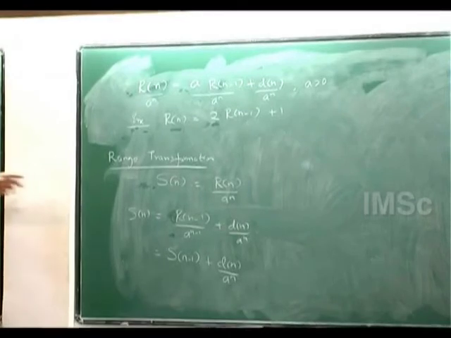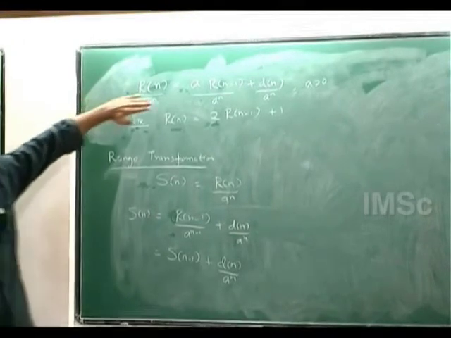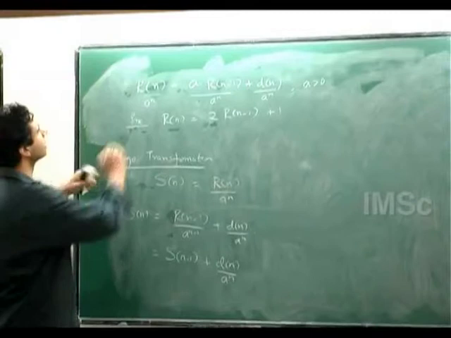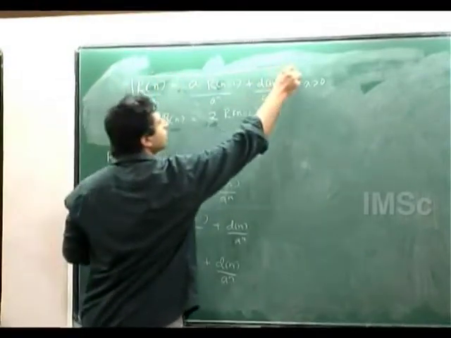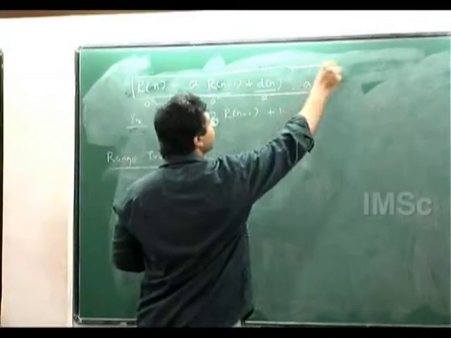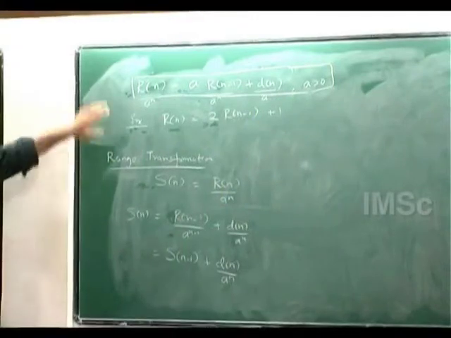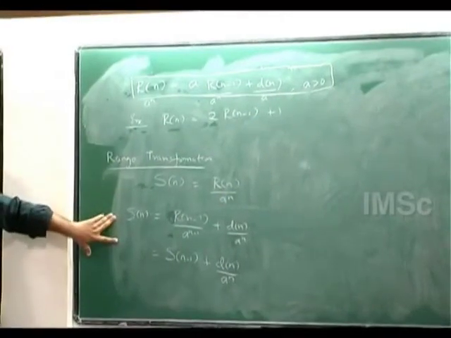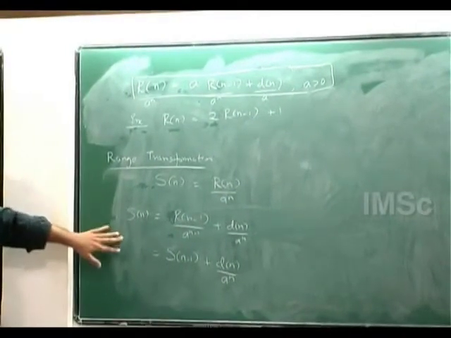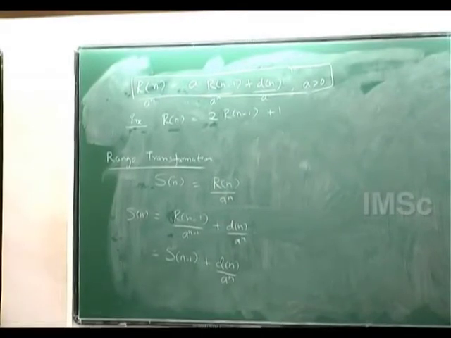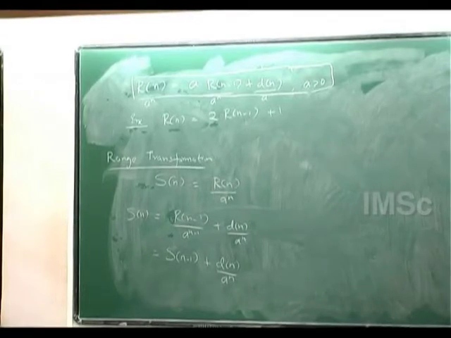So what we have done is we have reduced this recurrence, which is of type 2, to a recurrence in the fundamental form. And now what we had seen here, I can solve that fundamental recurrence directly.